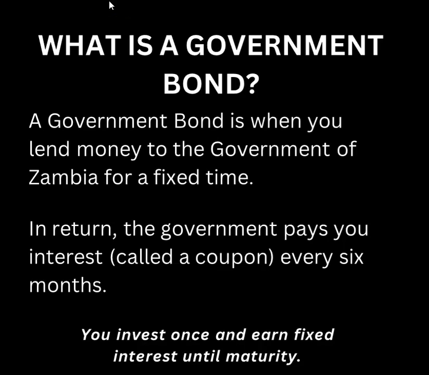That interest is called a coupon, and it is paid every 6 months. As long as your bond has not matured, every 6 months you'll be getting this interest. At maturity, you'll be given back the principal and the interest as well. In short, you invest once, but you earn a fixed interest every 6 months until maturity.